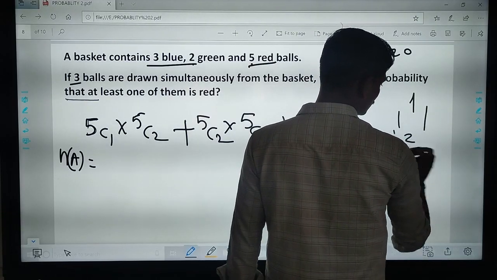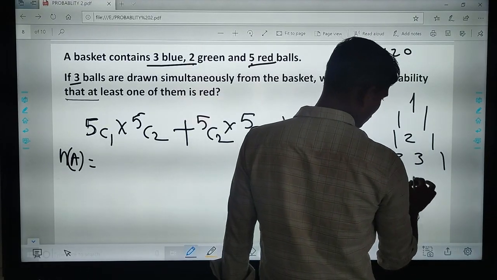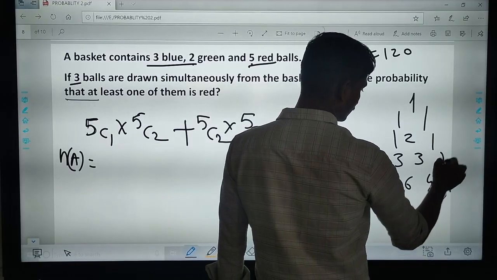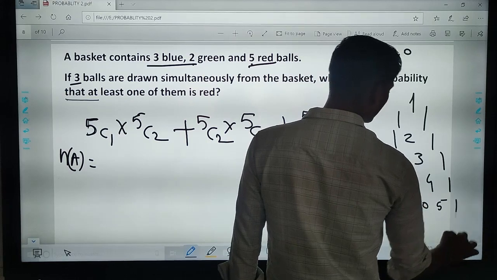Using Pascal's triangle: 1, 1 1, 1 2 1, 1 3 3 1, 1 4 6 4 1, 1 5 10 10 5 1.